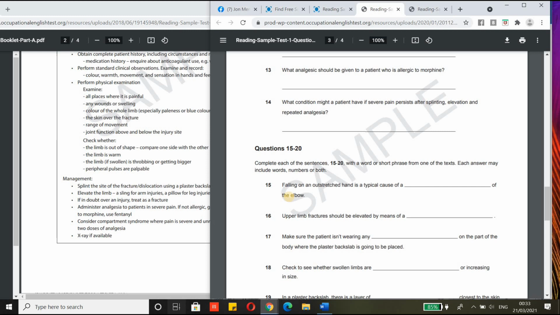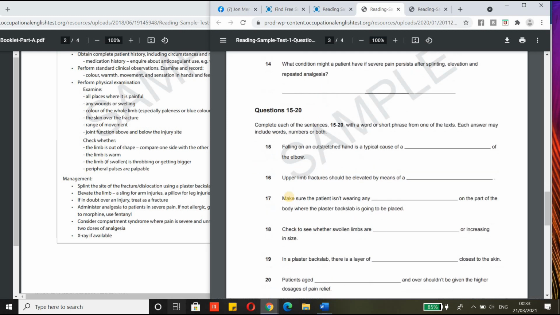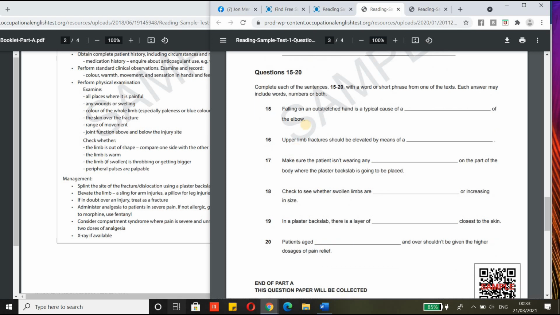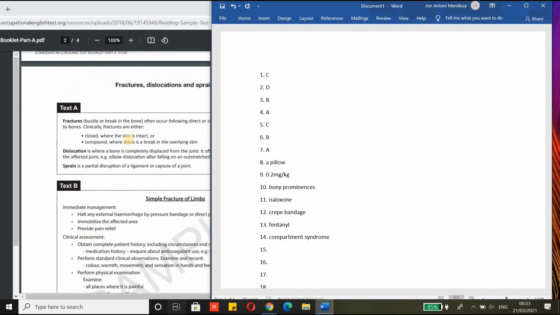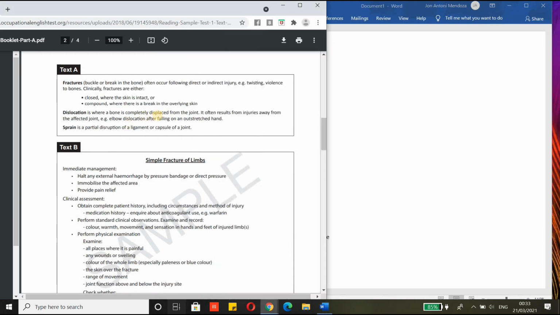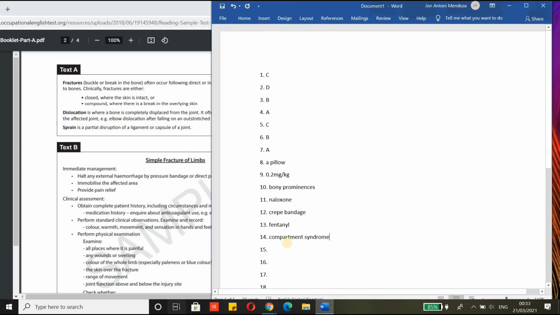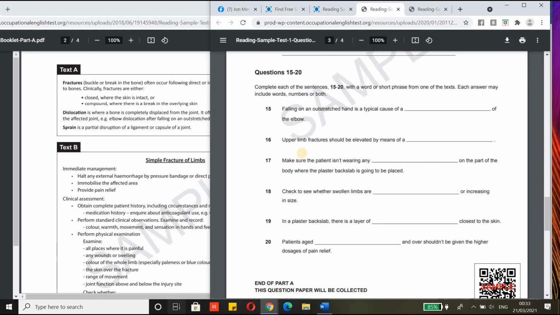15. Complete each of the sentences with a word or short phrase from one of the texts. Each answer may include words, numbers, or both. Falling on an outstretched hand is a typical cause of a blank of the elbow. There, falling on an outstretched hand, dislocation of the elbow. 16.